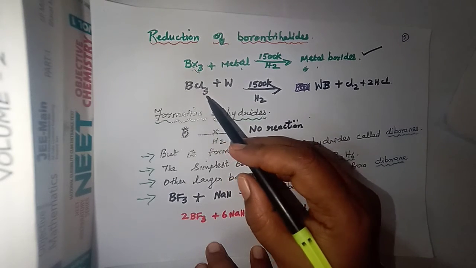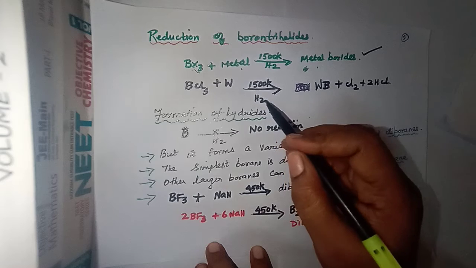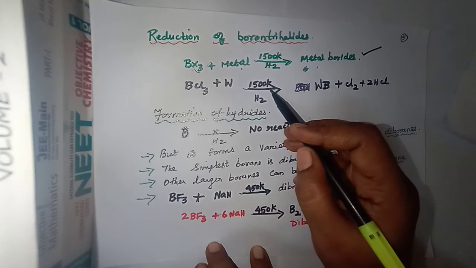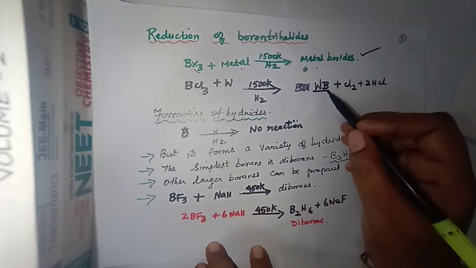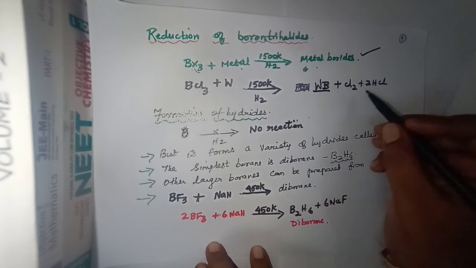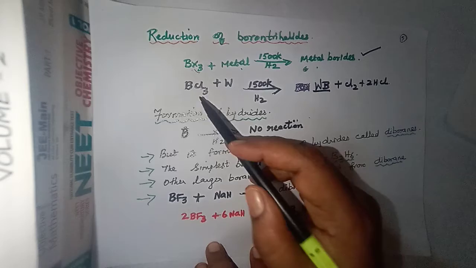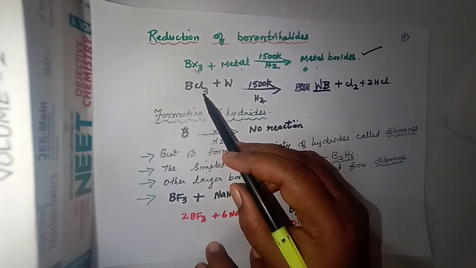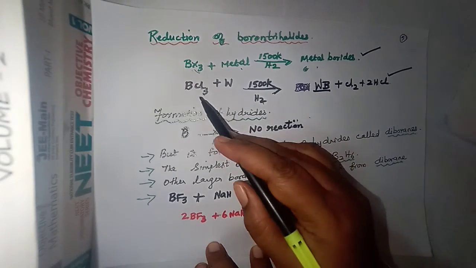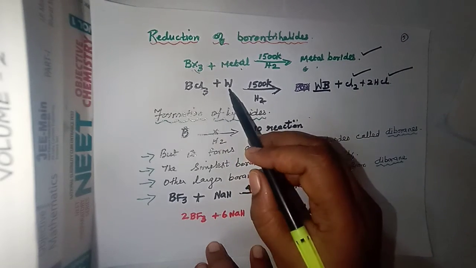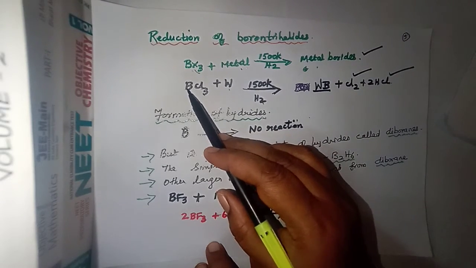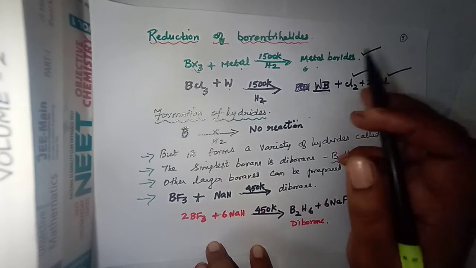Boron trichloride reacts with tungsten and hydrogen at 1500 Kelvin, it gives tungsten boride, that is a metal boride, plus Cl2 plus 2HCl. So the 2 hydrogens take 2 chlorines to give 2HCl. The remaining 2 chlorines form Cl2. Tungsten is the metal combined with boron, so metal borides.